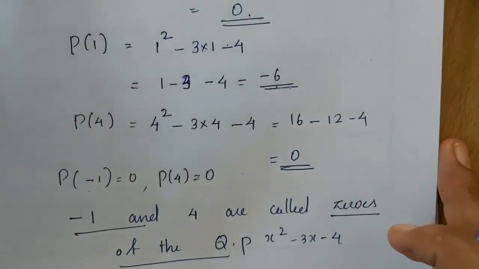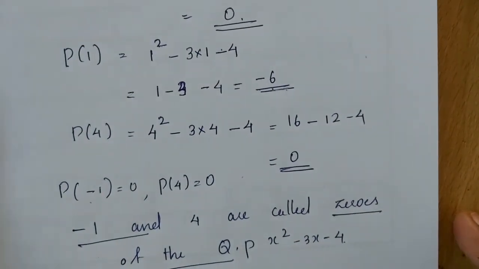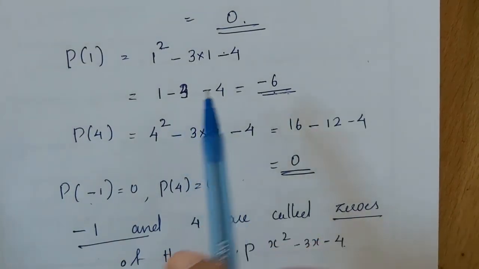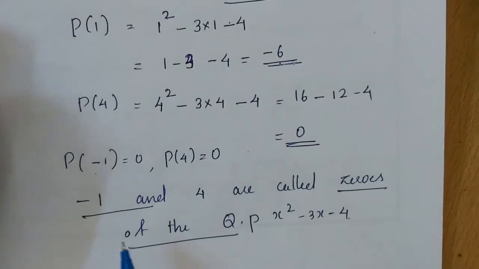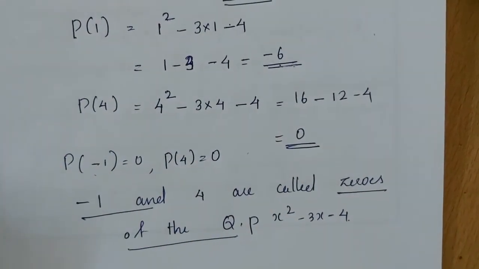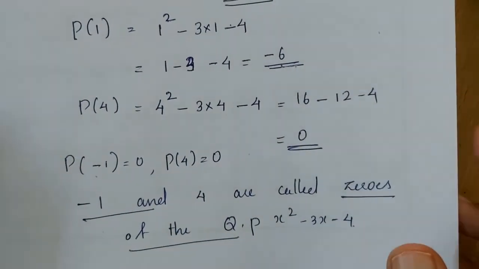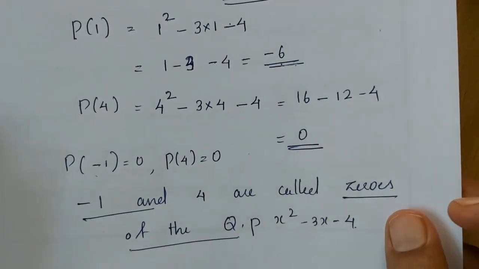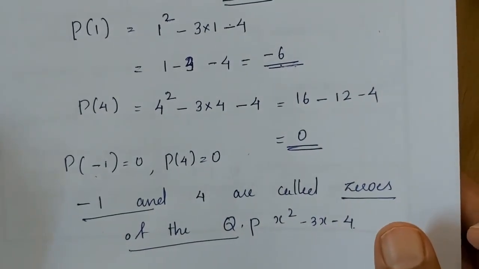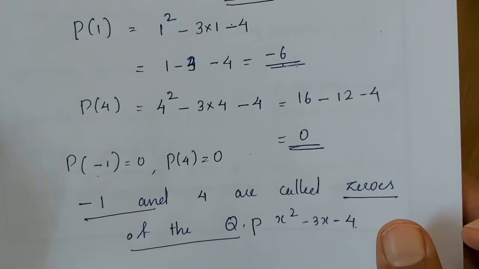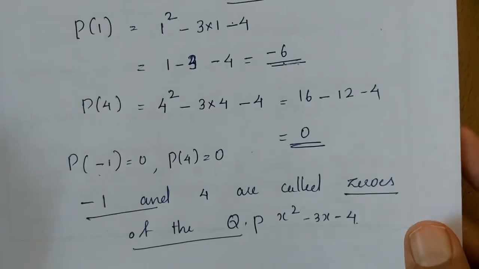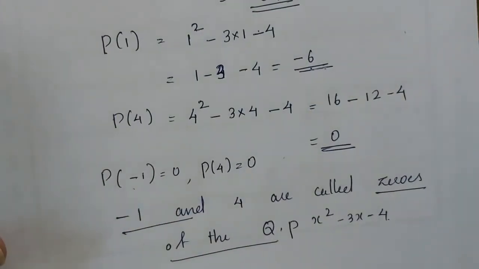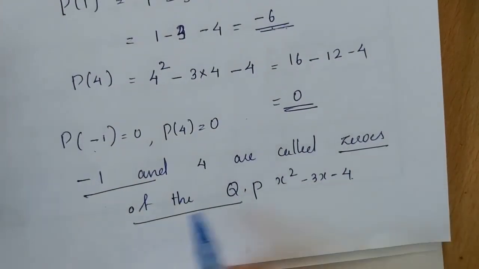This is another term. What is zeros of a quadratic polynomial? When we are substituting a value in a given polynomial, it gives the final value as 0, then it is called zeros of the quadratic polynomial. Okay, today we discussed what is a polynomial and what are the different terms related to a polynomial, like coefficient, exponent, variable, and what is an invalid polynomial, then degree of a polynomial, different categories of polynomials, and finally zeros of a polynomial.